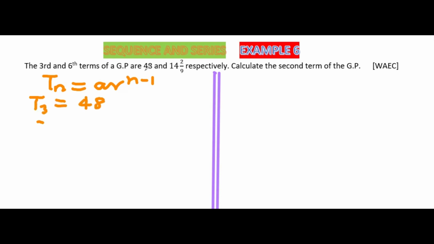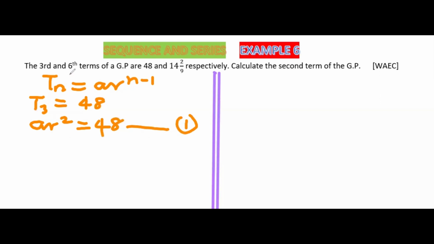But the formula for T3 is AR squared equals 48. We call this equation 1. We cannot go further solving it since it's a single equation containing 2 different unknowns, 2 different letters.